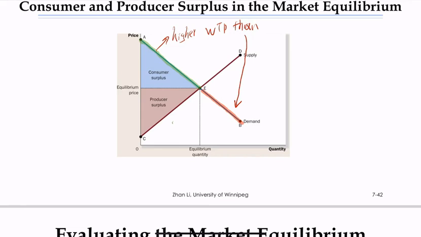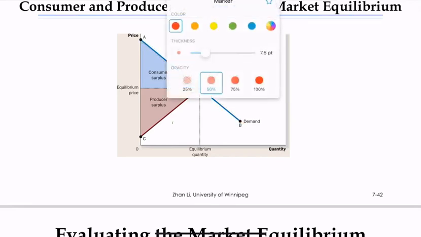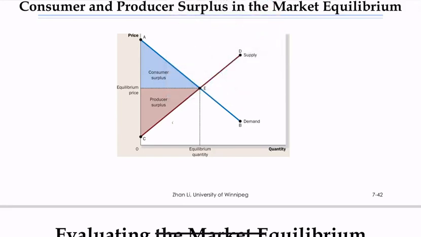The same argument can be made with producers. So let's look at two different sections of producers, right? And you can see that these producers on the green section have lower cost compared with producers on this blue section.